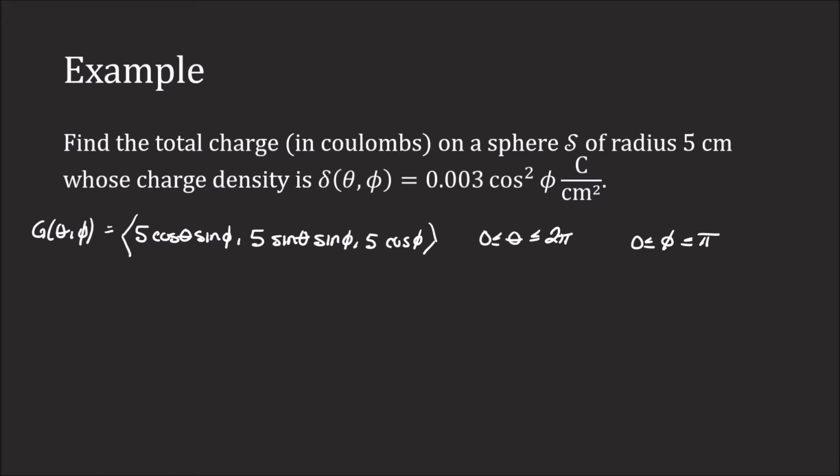And we already found that the magnitude of the normal vector here is r squared times sine of phi, so we have 25 times the sine of phi.